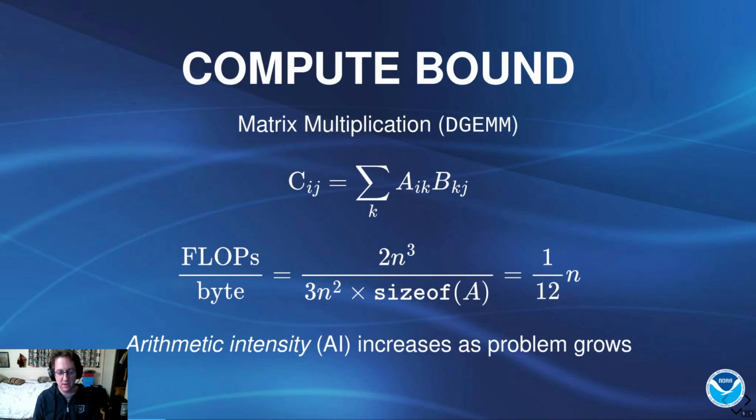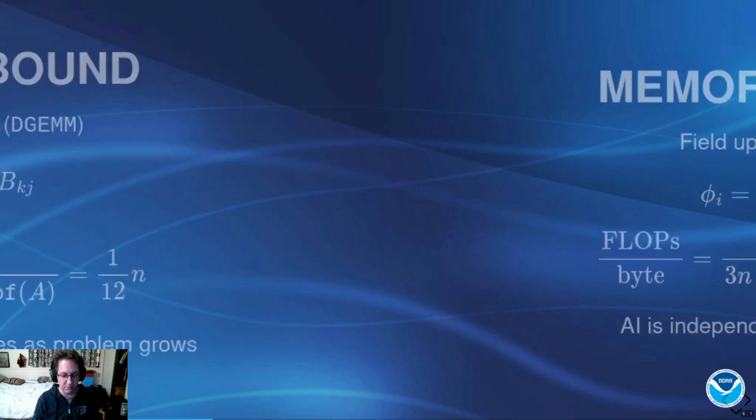If we look at the matrix multiplication, it has what we call the arithmetic intensity proportional to its problem size. So as the matrices get larger, the amount of flops we need to do per byte read in increases. In other words, we have more work to do as the problem gets larger. And so it reduces the burden on whatever bandwidths are in the machine and lets us reach that peak performance.